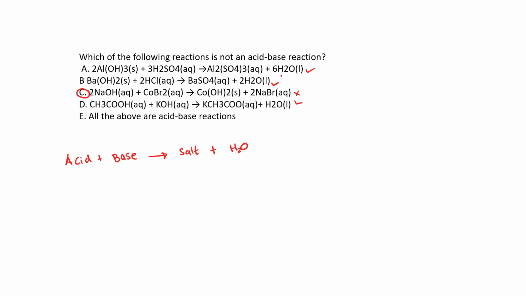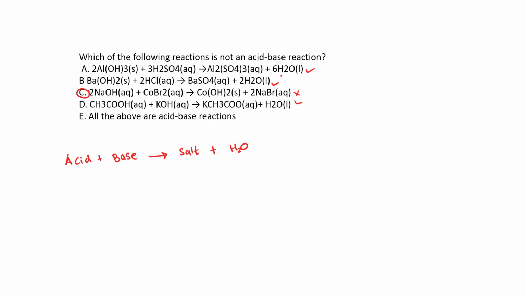Which of the following reactions is not an acid-base reaction? If an acid and base react, they will form a salt and water. So we are going to analyze these reactions one by one and find whether there is a salt and water. First one: base, acid, salt and water.